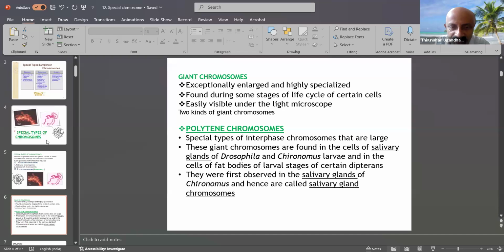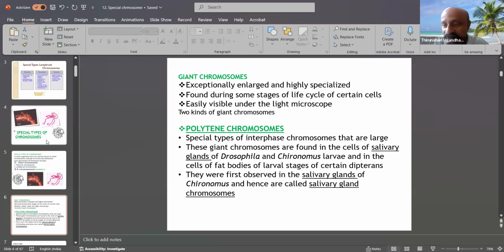These giant chromosomes are large. They are found in cells of salivary glands of Drosophila melanogaster and Chironomus larvae, and in the cells of the bodies of larval stages of certain dipterans. They were first observed in the salivary glands of Chironomus, and hence are called salivary gland chromosomes.